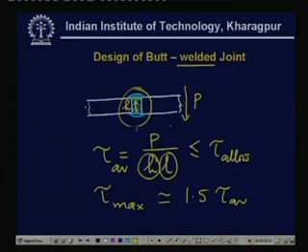Now, this is a square butt, as you remember from the last lecture, that there are various kinds of butt joints.